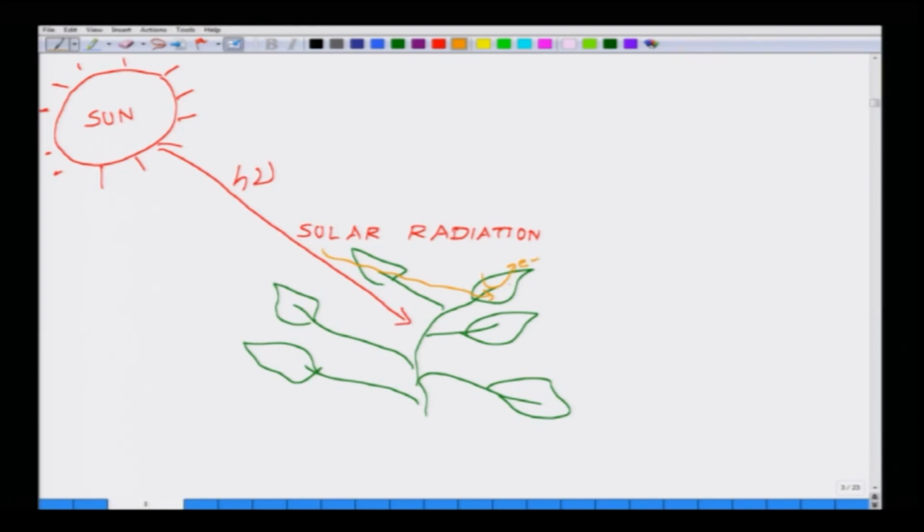This electron eventually leads to the synthesis of energy rich molecules. These energy rich molecules lead to the further synthesis of different storage molecules.